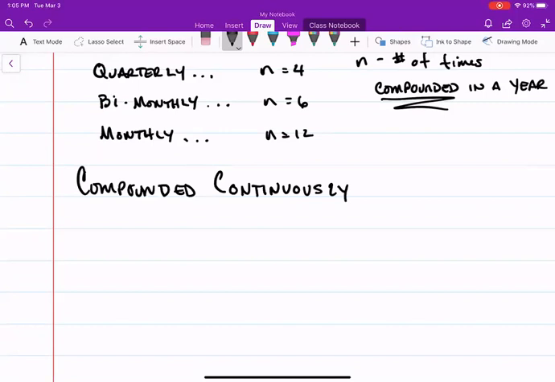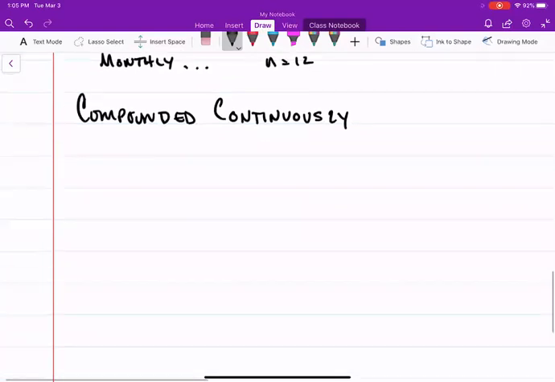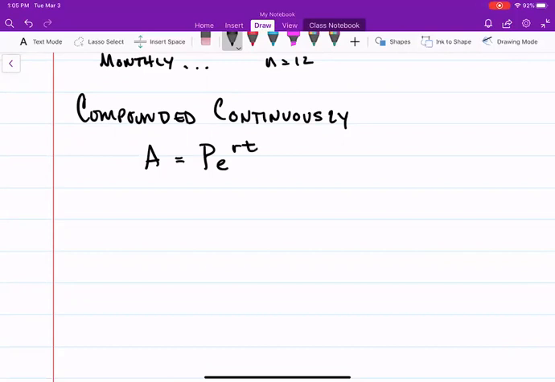So basically n is like infinity. Obviously I'm not going to raise something to infinite power, it's just going to be ugly. So what that is going to do is give you a totally different formula. It's P times E raised to the RT.